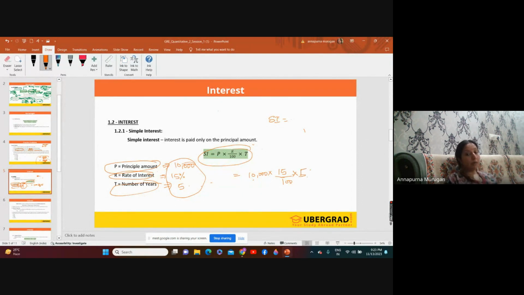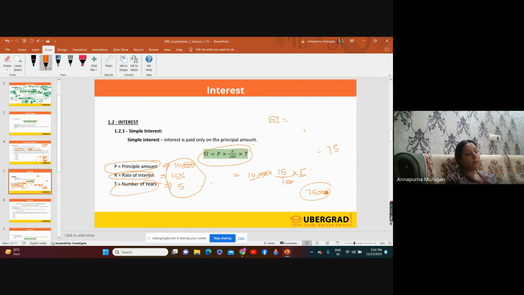The two zeros get cancelled, so it is 5 fives, 25, and the result is 7,500.